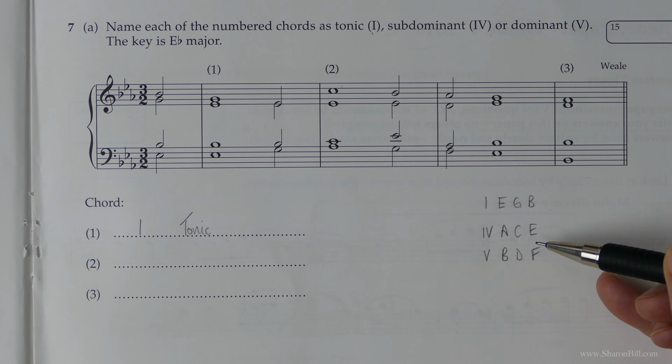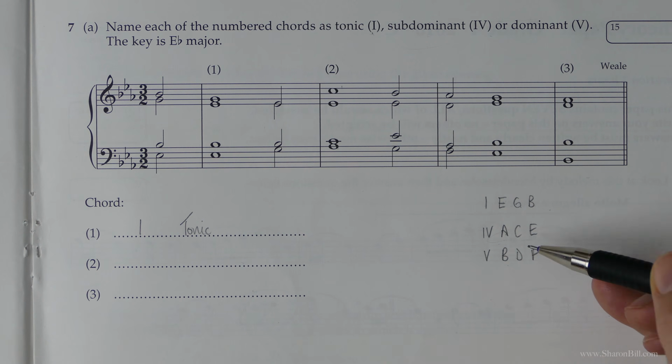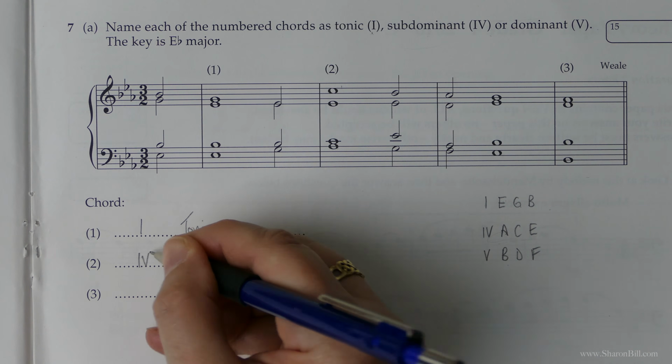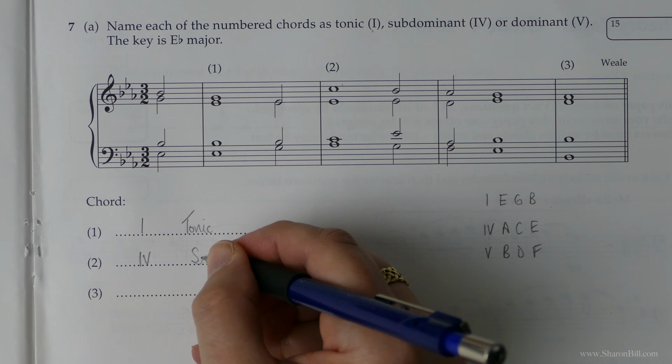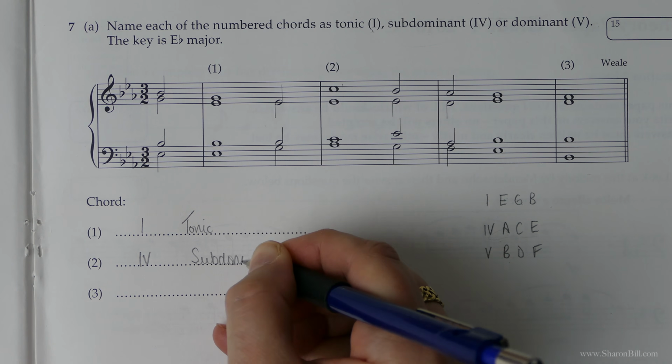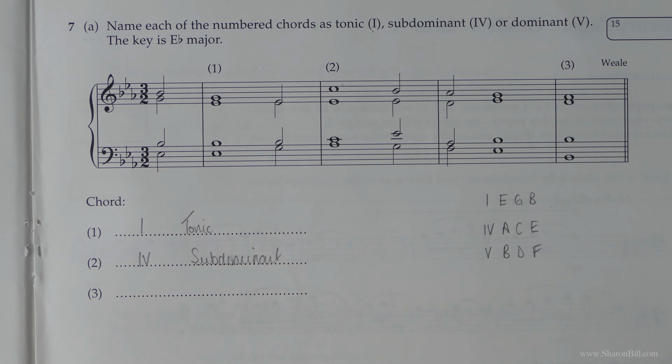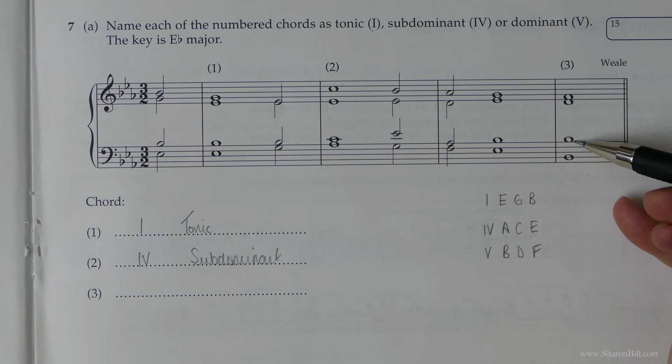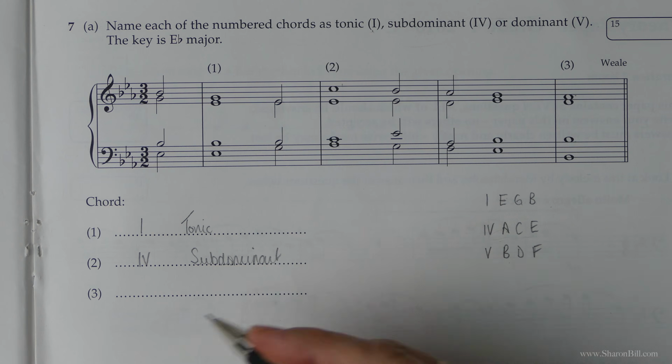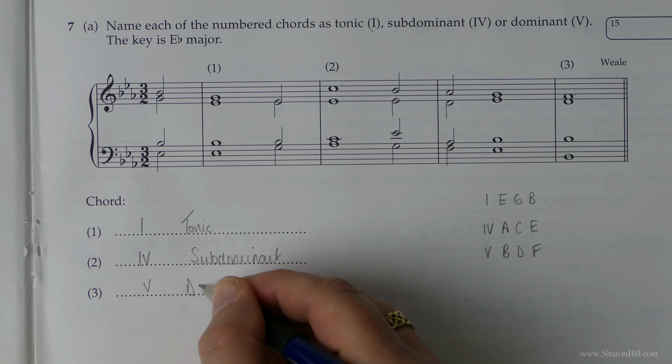So you can tell that that's chord 4, the Roman numeral or subdominant. Either one of those will do. And then the last chord, we've got B, B, D, F. So that's chord 5 or the dominant.